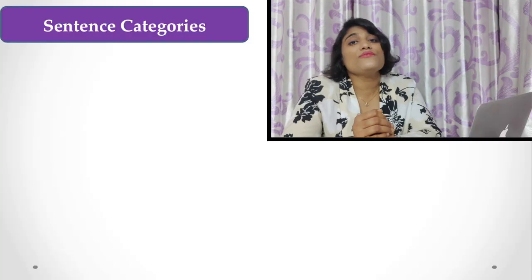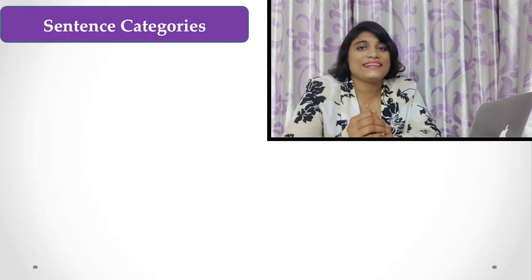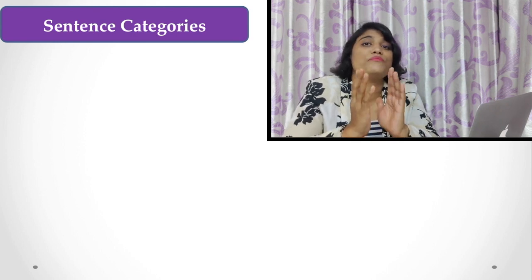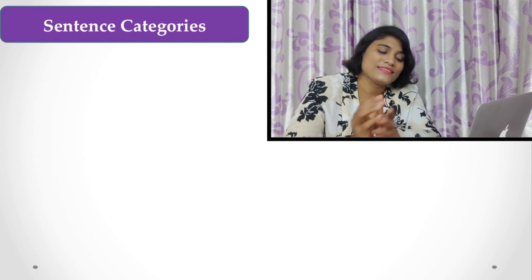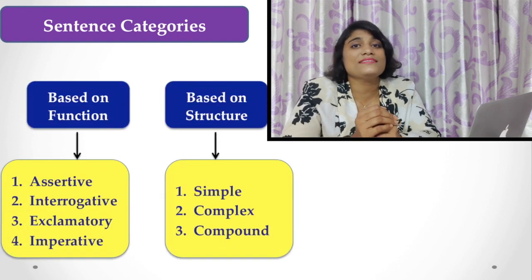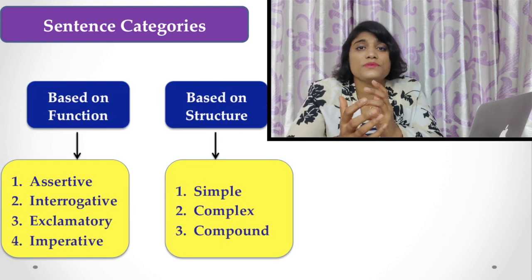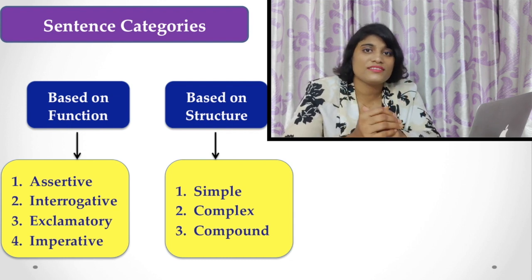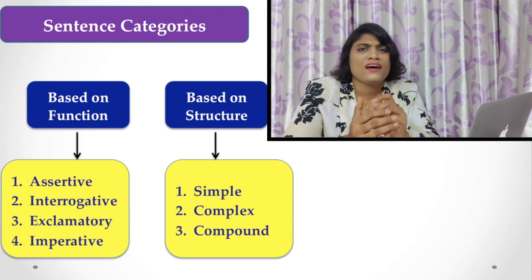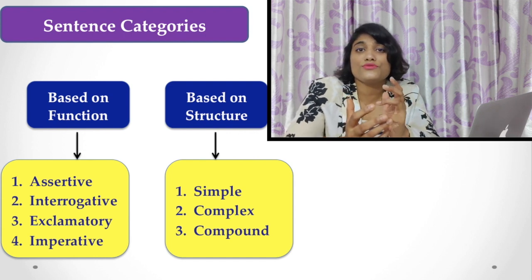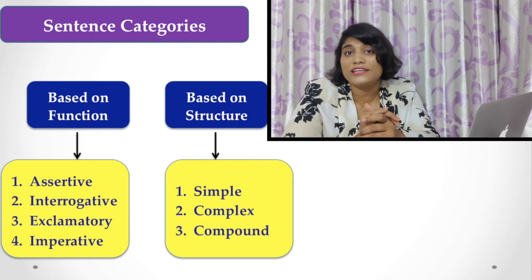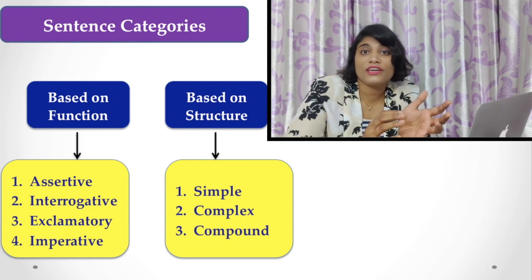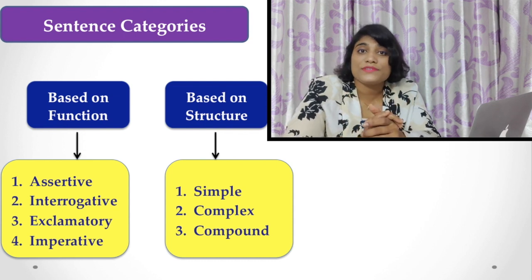First, when we are talking about English sentence categories, we find there are two basic subcategories of sentences, because of the function they serve. Sometimes we just want to know some information. For example, what is your name? Or I like coffee, I like tea, these types of sentences.